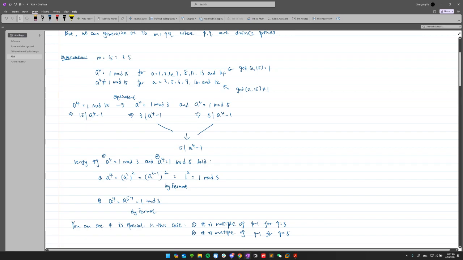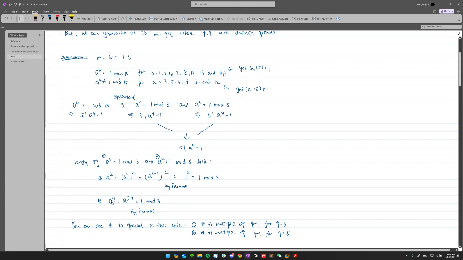So you can verify that a little bit. For equation 1, the mod 3 case, you can use Fermat's theorem: a to the fourth is a squared, then squared again. Inside the parentheses, we have a to the p minus 1 power, and by Fermat, this is 1.